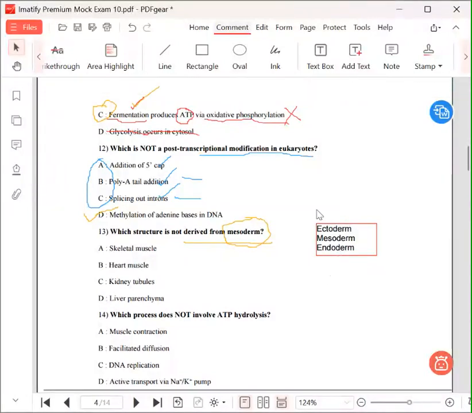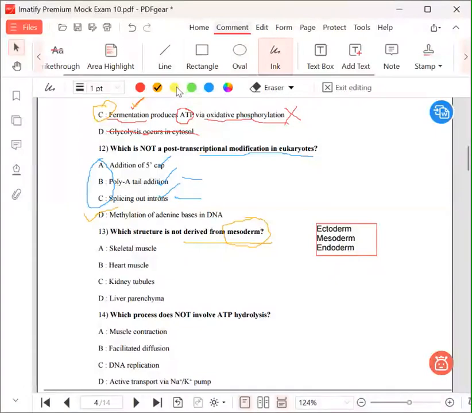So remember that all the skeletal or muscular systems, circulatory system, lymphatic system, immune systems, reproductive, respiratory, or urinary systems belong to mesoderm. Okay, all the systems.